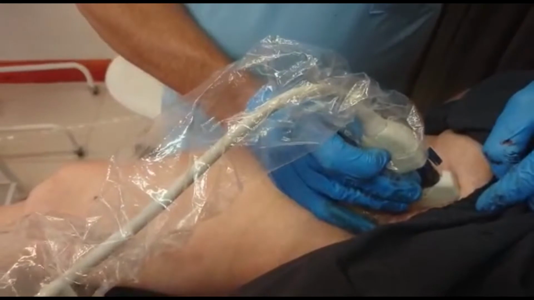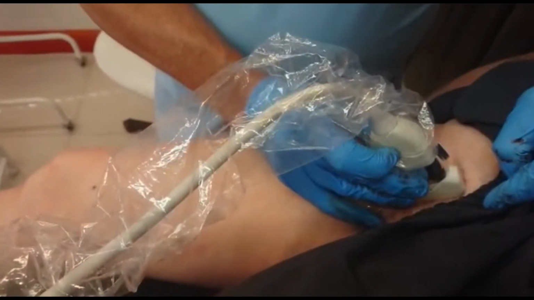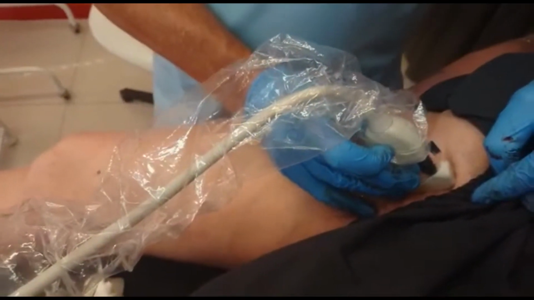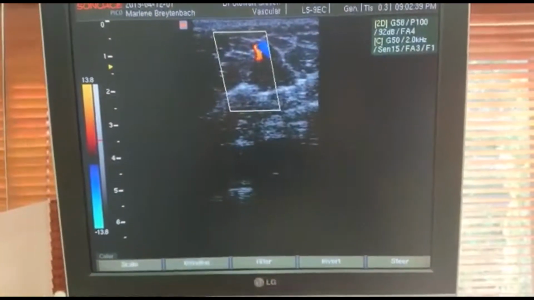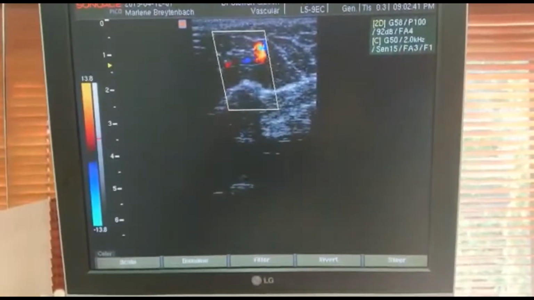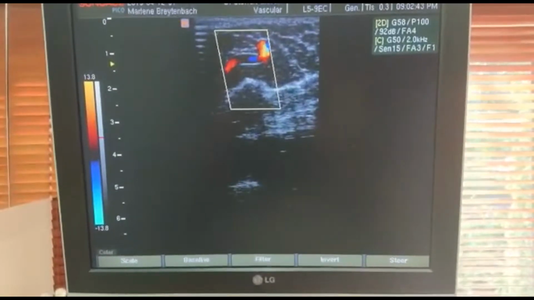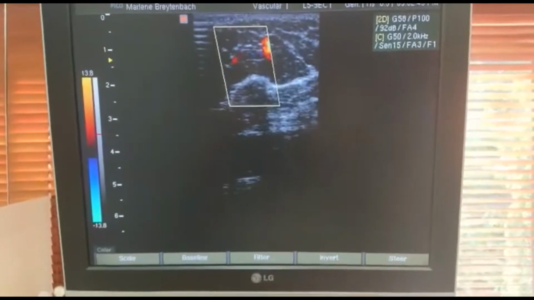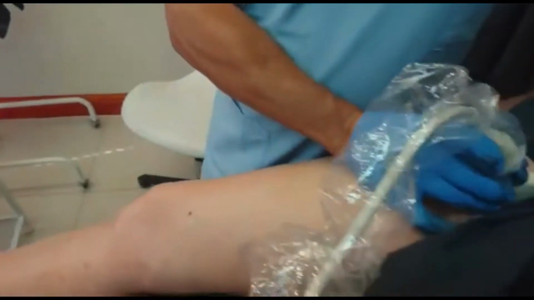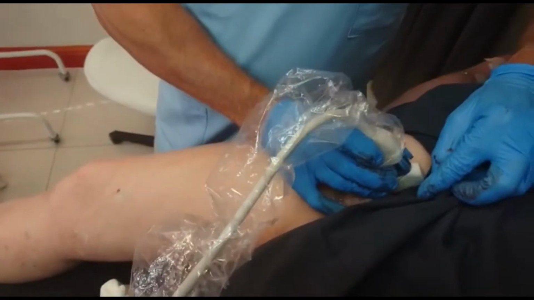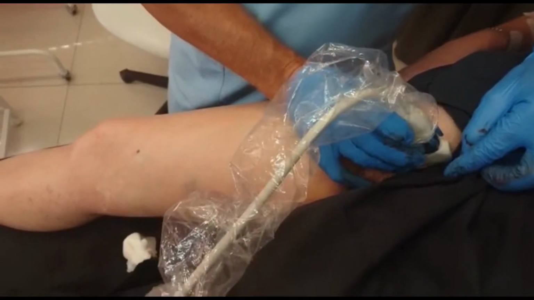You'll notice that we are about 5 centimeters superior to the inguinal crease. We're now closer to 10 centimeters above the inguinal crease.